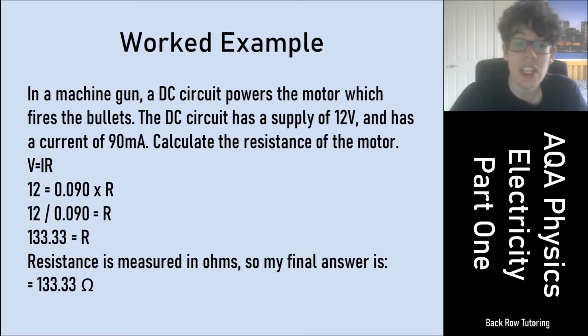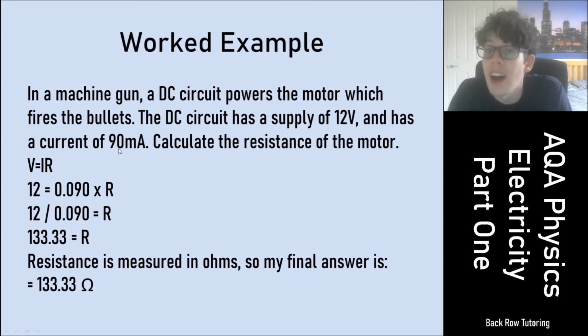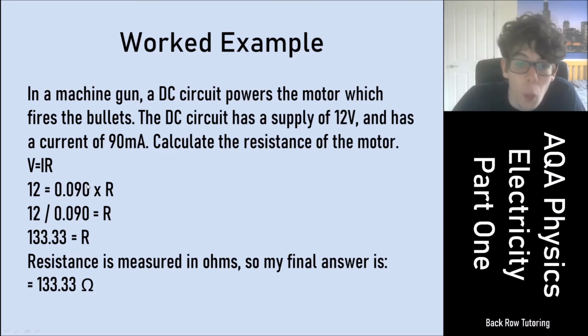Well, our voltage is 12, because it's 12 volts. Our current is 90 milliamps. Now remember, milli is 1,000th. So 90 1,000ths of an amp. So 1/1000th is 0.001. So what we're going to do is translate this into amps, and 90 milliamps would be 0.090.